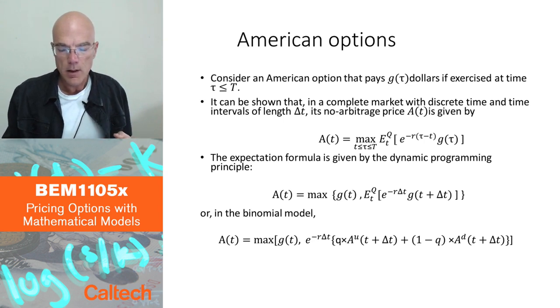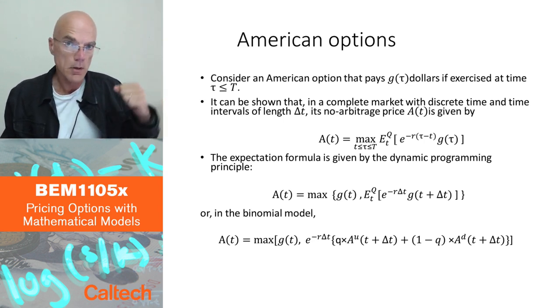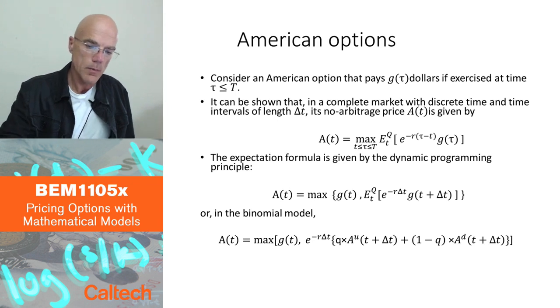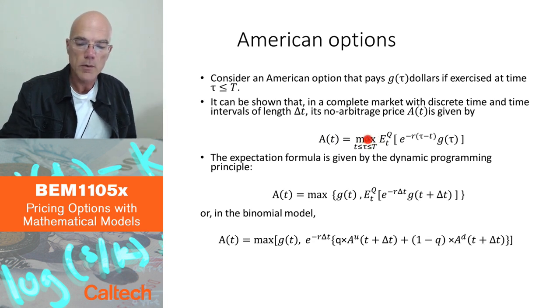And the worst case scenario is to charge the highest possible price, which would be the maximum over all maturities of European option prices. So from the point of view of the seller, he should be happy, intuitively speaking, with charging the maximum of European options over all possible maturities between small t and capital T, including random maturities.